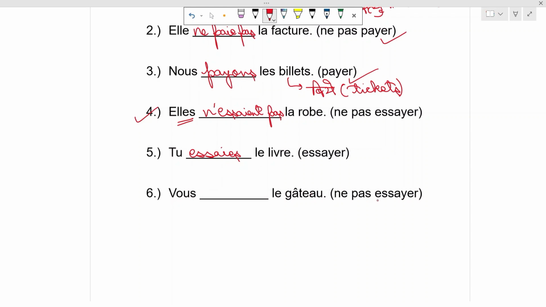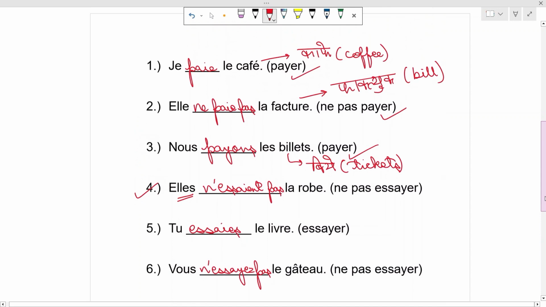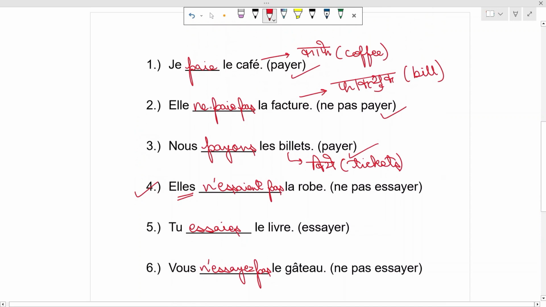Last one, vous n'essayez pas le gâteau. You are not trying the cake. Je paie le café. Elle ne paie pas la facture. Nous payons le billet. Elles n'essaient pas la robe. Tu essaies le livre. Vous n'essayez pas le gâteau.